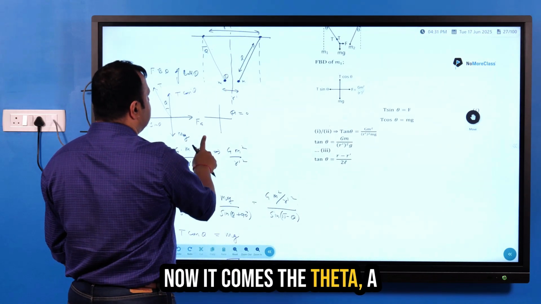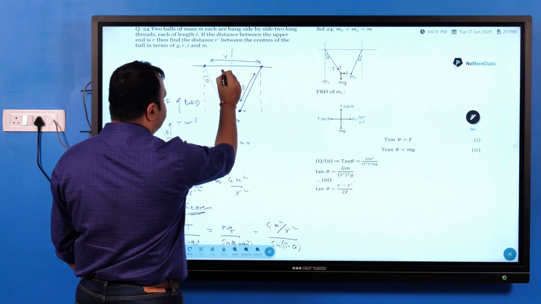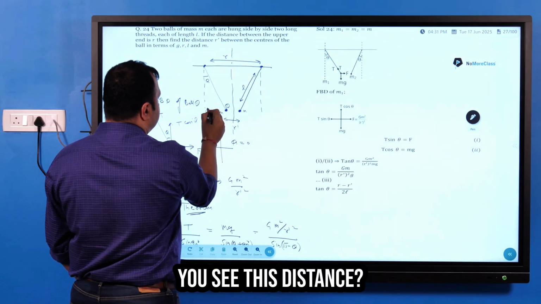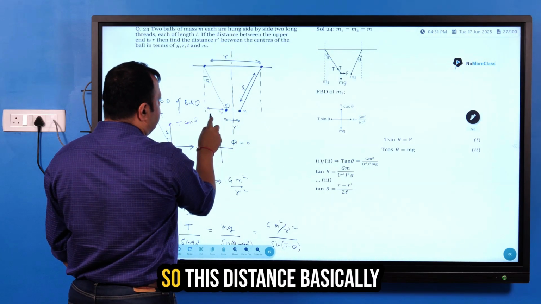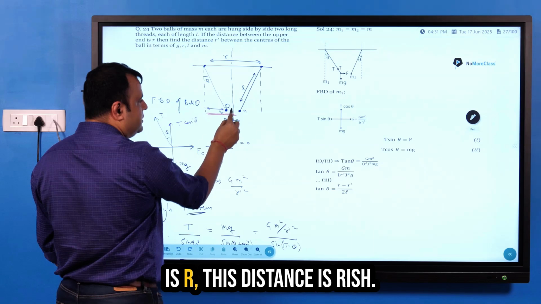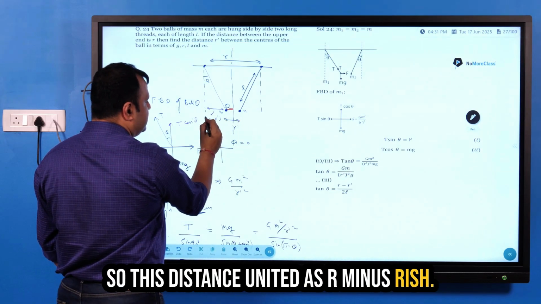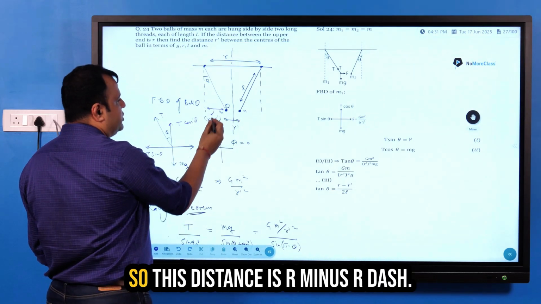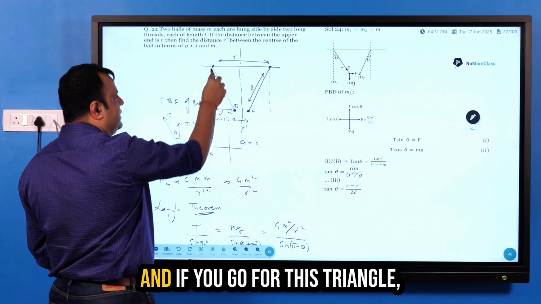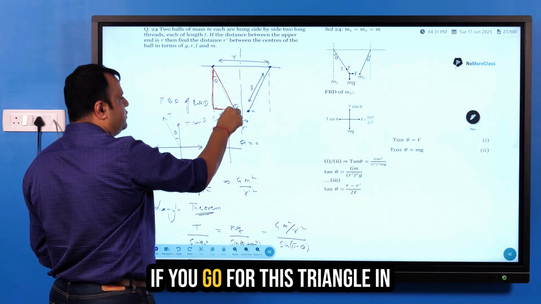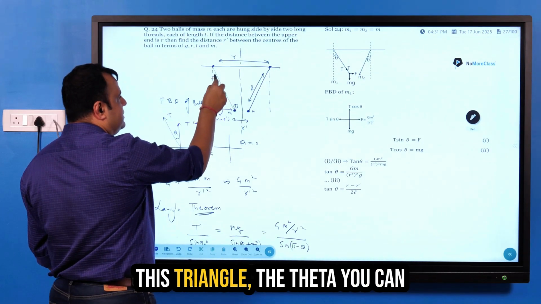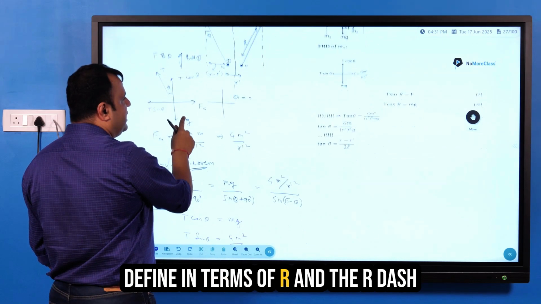Now it comes to theta, so a little bit of geometry we can use. You see, this distance is r. This distance is r dash. So this distance you can write as r minus r dash. And if you go for this triangle, the theta you can define in terms of r and r dash.